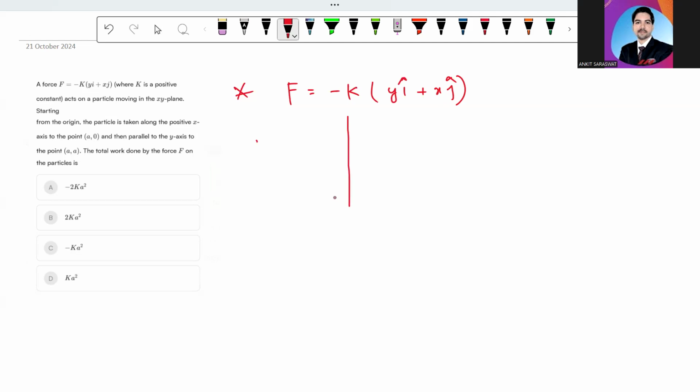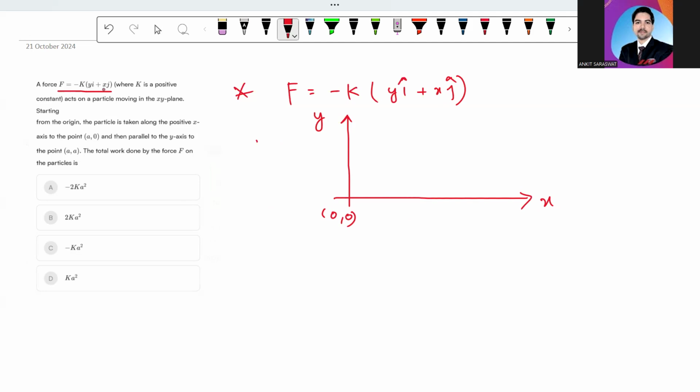So we have the xy plane, this is x and this is y. The particle is moving in the xy plane starting from the origin, and on this particle this force is going to act.